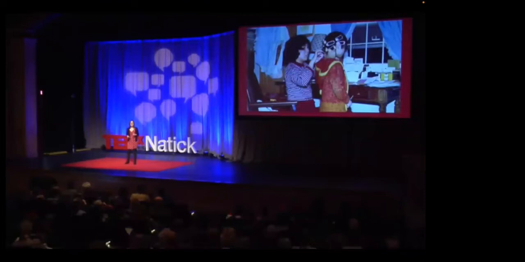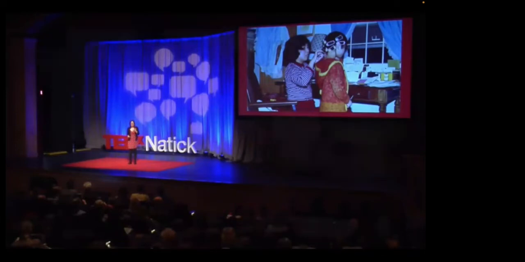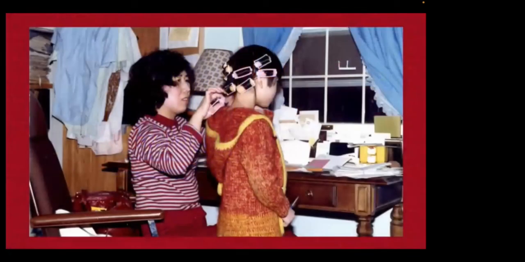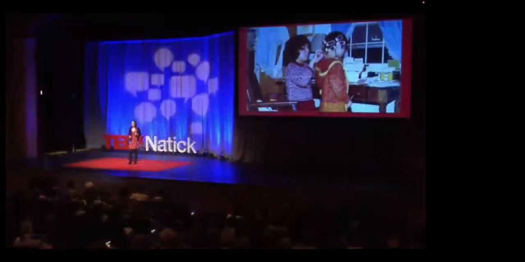I remember in 3rd grade, I was walking down the street and I saw my reflection in a store window. And I said, there's a Chinese girl there. And then I thought, oh, wait, that's me. I had spent so much time pretending that I wasn't Asian that I really did forget that I was.